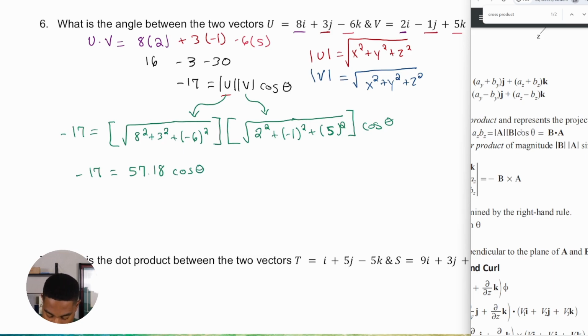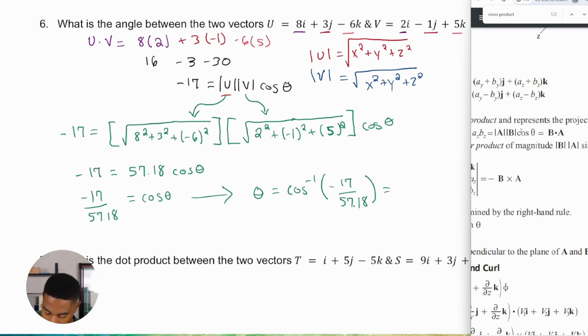All right. And so now I need to do negative 17 divided by 57.18 is equal to cosine theta. And so I also need to transfer this to say that theta is equal to, to get rid of that cosine, you need to do cosine inverse of negative 17 divided by 57.18.